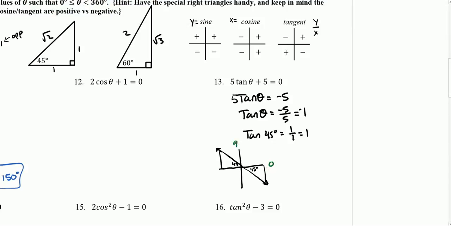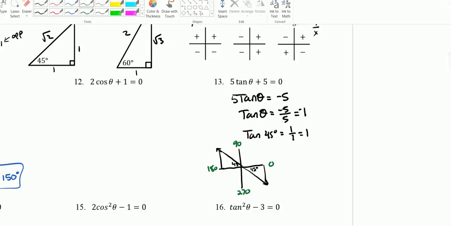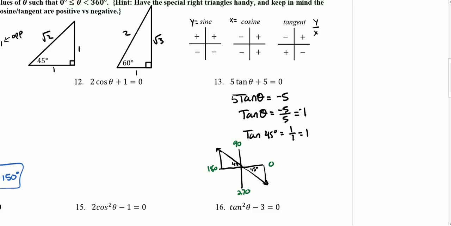So we have 0, 90, 180, 270, and we're looking between 0 and 360 only. And so in quadrant 2, it's 45 less than 180, which is 135 degrees. And in quadrant 4, it's 45 less than 360, which is going to be 315 degrees.